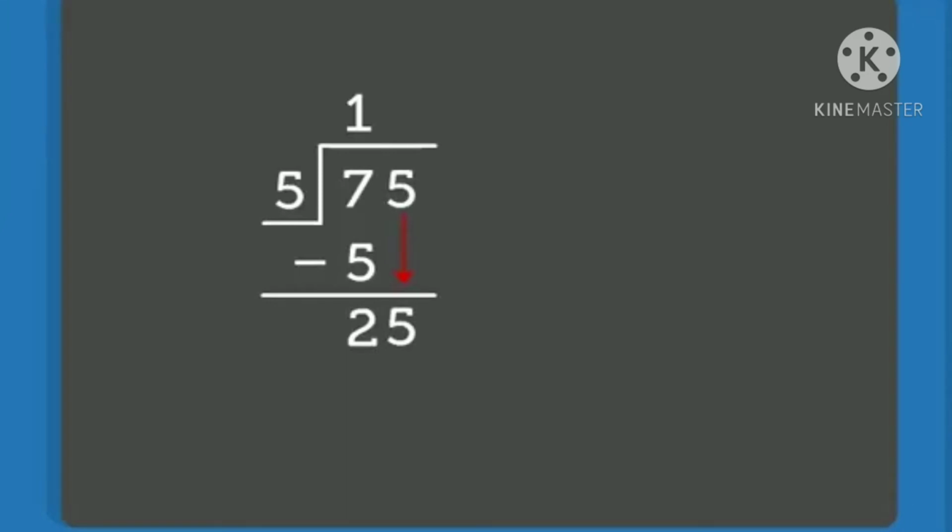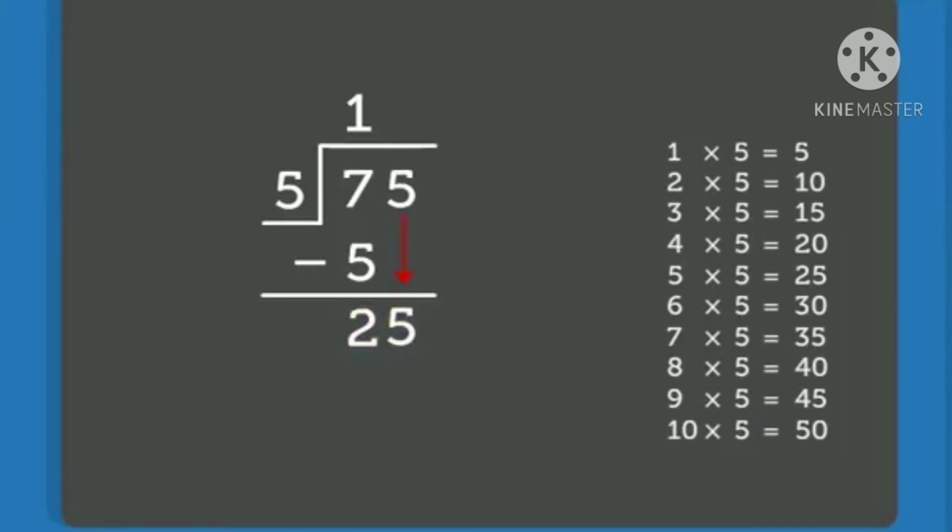Back to comparison. 25 is greater than 5, so we can divide 25 by 5. Now find the nearest product to 25. How many times can 5 go into 25?